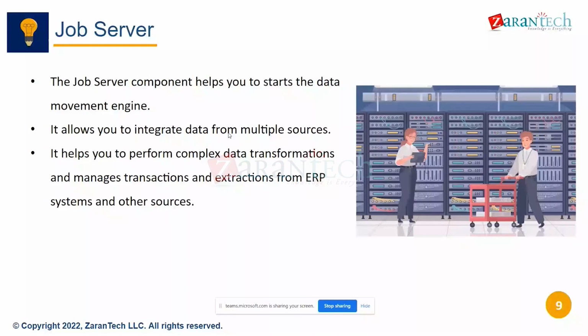At that time, whichever database the job server has configured, if the database doesn't have enough memory to handle such a request, the job will get stuck for some time because it has to process the data slowly. At that time also, the job server plays an important role.